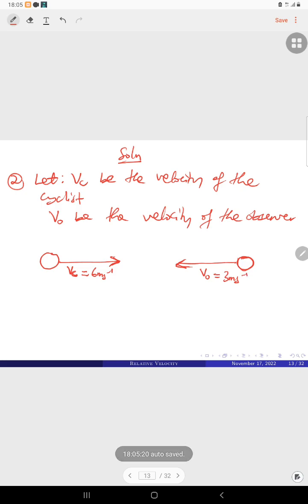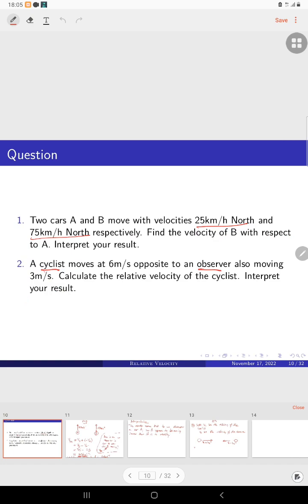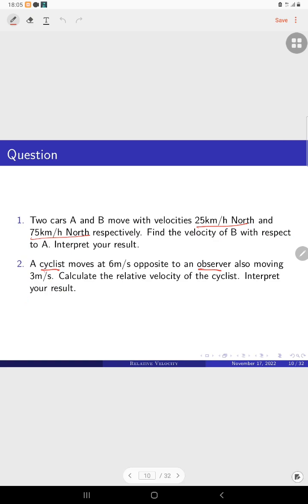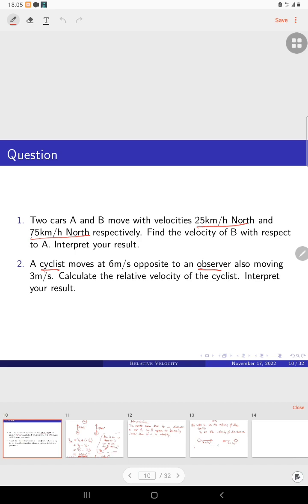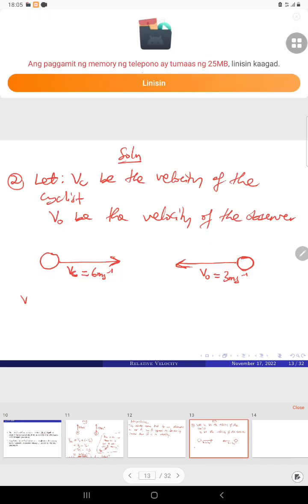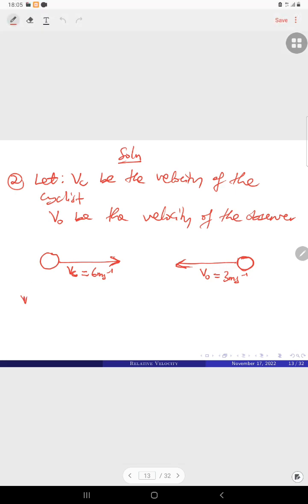And the question is asking us to find the relative velocity of the cyclist. Go to the question. We want the relative velocity of the cyclist. It's written as the velocity of the cyclist relative to the observer.